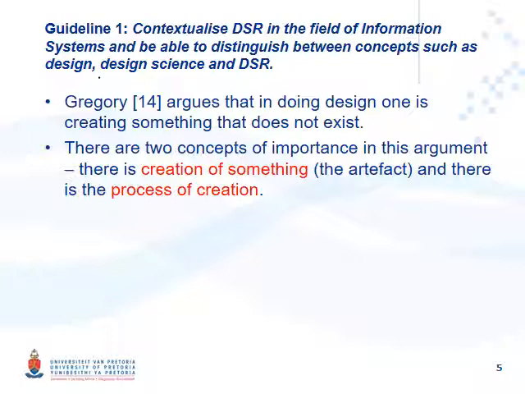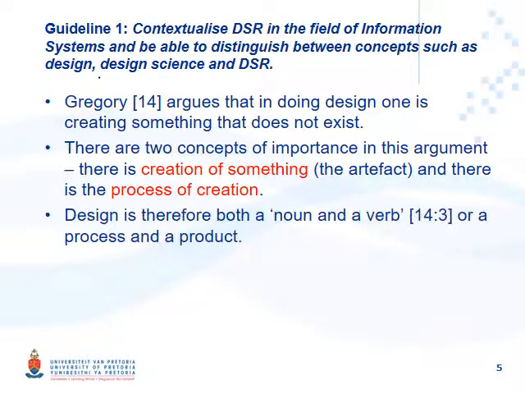Firstly, it is the creation of something, namely the artifact itself, and then it is the process of creation. So when you do your design science research project, you need to understand what it is that you are creating, what is the artifact, and then secondly, what is the process that you are using to create this artifact. So, as she argues, design is therefore both a noun and a verb, or a product and a process.